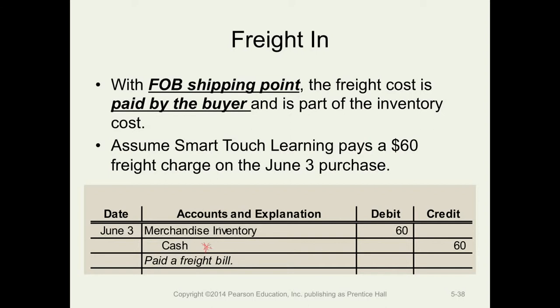This is paid to the delivery service, it's paid to UPS. So this cash is paid to the delivery company, not the seller of the inventory. So it does not reduce the accounts payable.